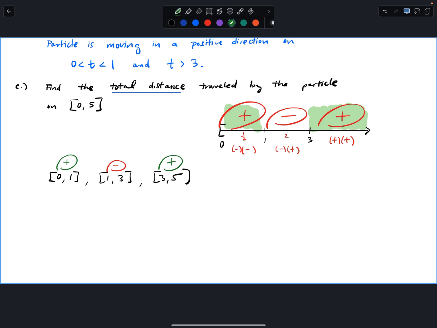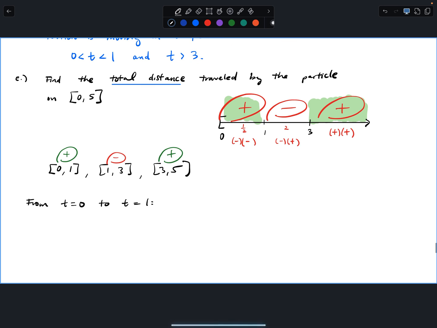So from t equals 0 to t equals 1, the total distance is going to be the absolute value of s of 1 minus s of 0.